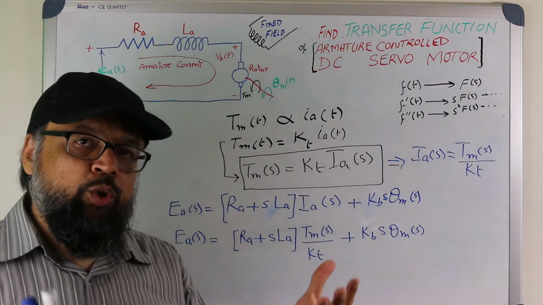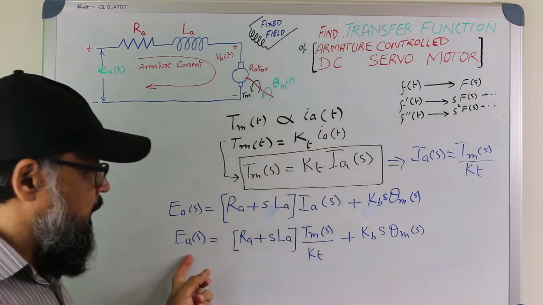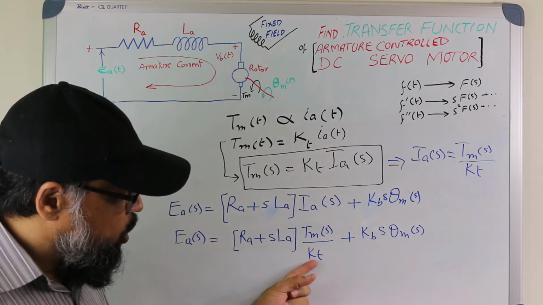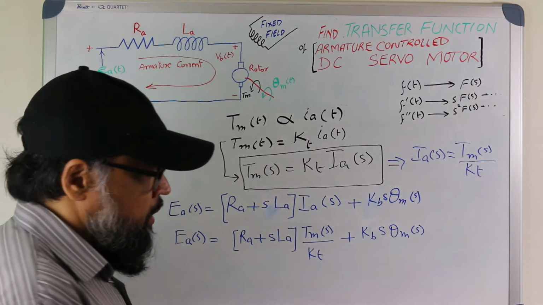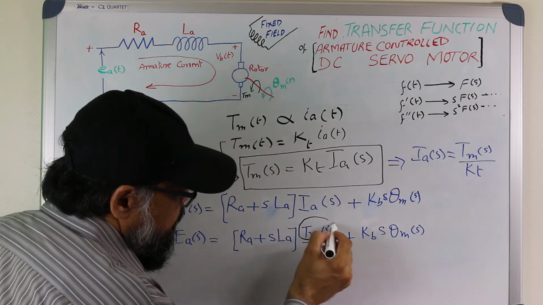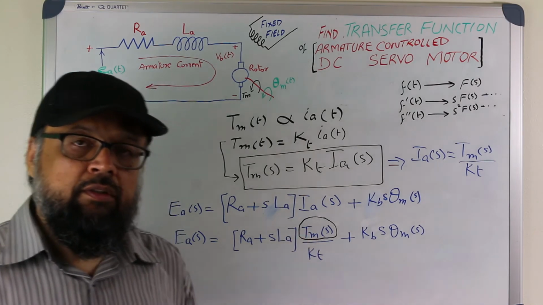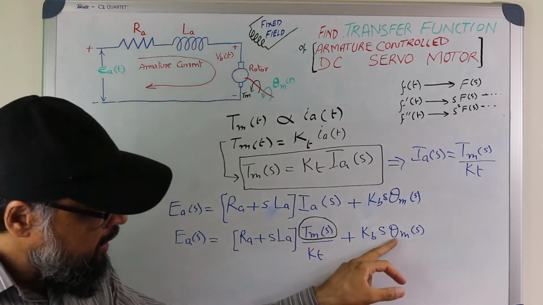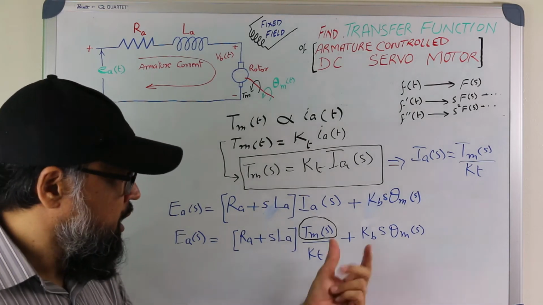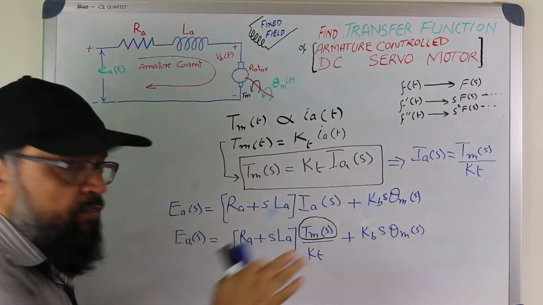Now again, same approach. We want to get a ratio between theta M(s) and Ia(s). This is constant, this is constant, this is constant. The only thing which we don't want here is this Tm, the torque of the motor. We want something which contains theta M(s), so that we can take theta M(s) common and then simply take the ratio of these two and we get the transfer function.